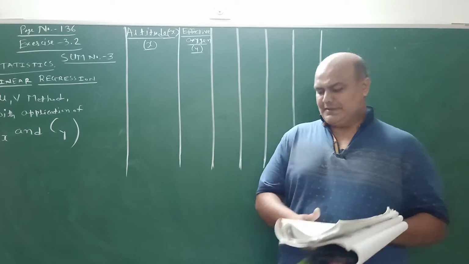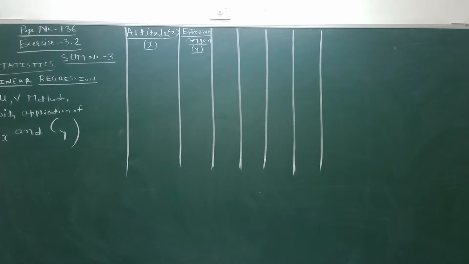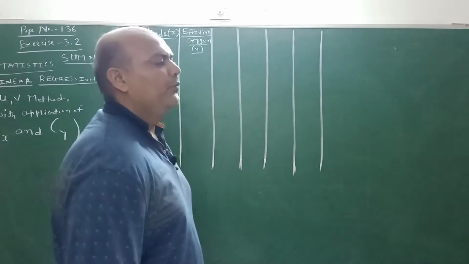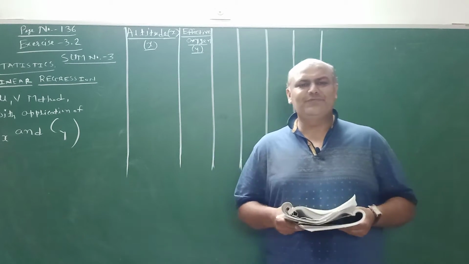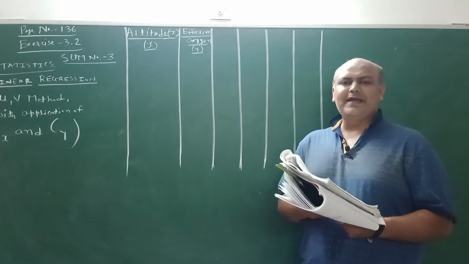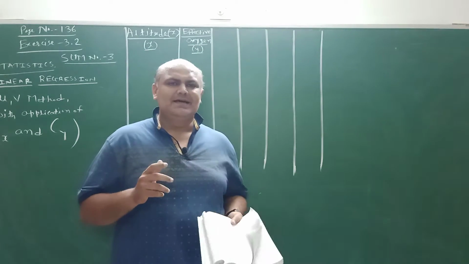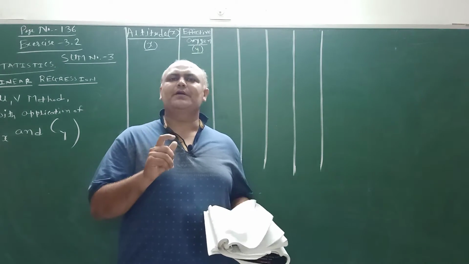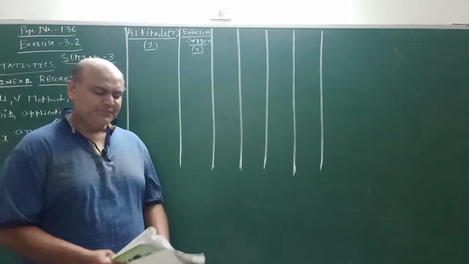In the previous video lecture, students, I took a sum in which the UV method is there and also the application of Cx and Cy. In today's video lecture, students, I take the UV method, shortcut method, with the application of Cx and Cy.